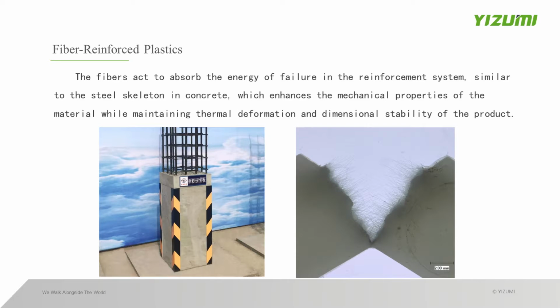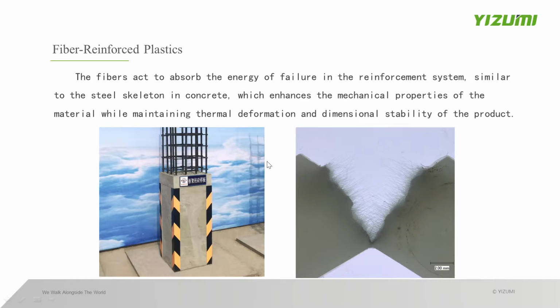Here, on the left side is the stair structure, and here is concrete. You can see on the right side here is the fiber, and here is our plastic or polymer.